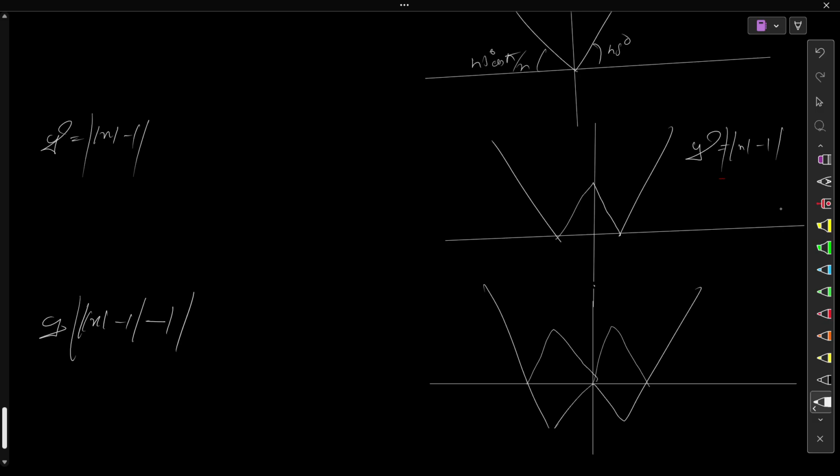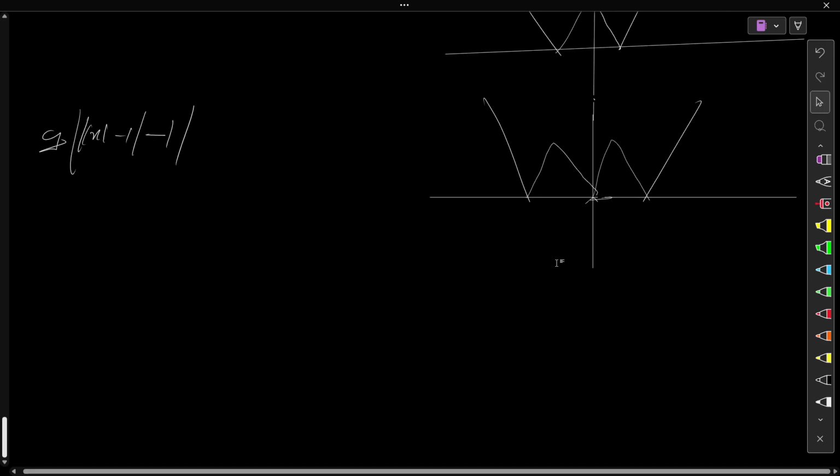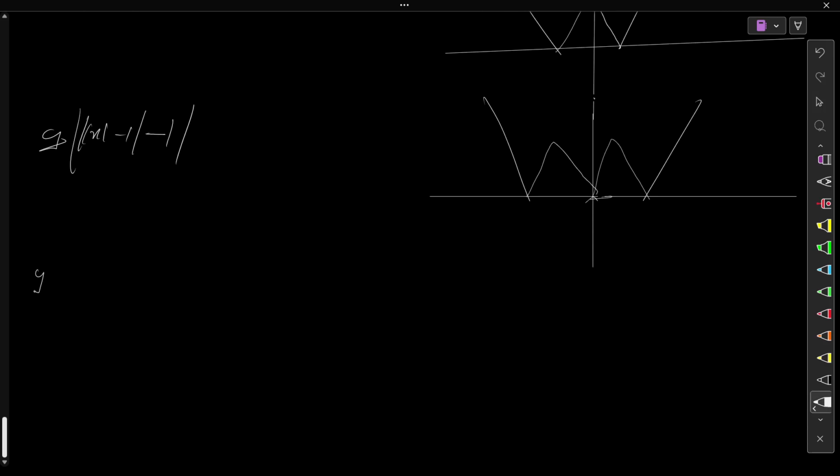So this will look something like this. And let us again take the mod of mod x minus 1 minus 1, shifting it down by 1 and then again taking the mod.